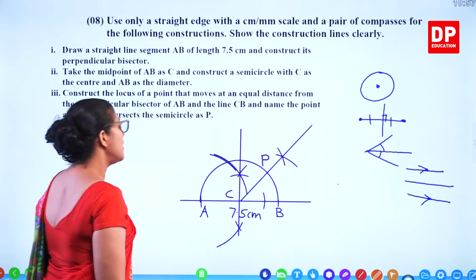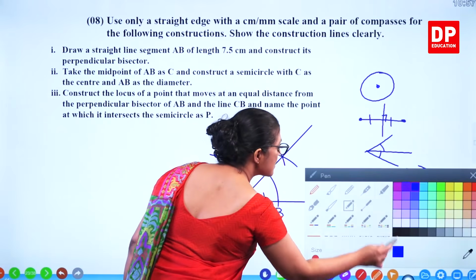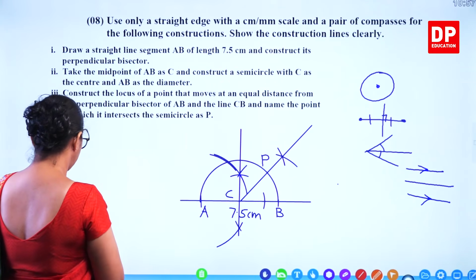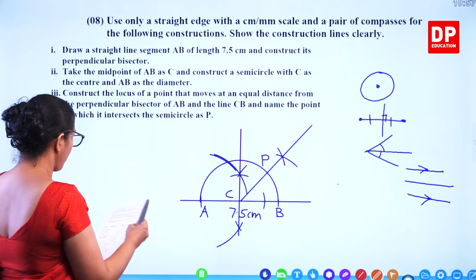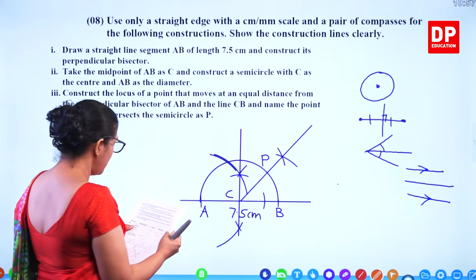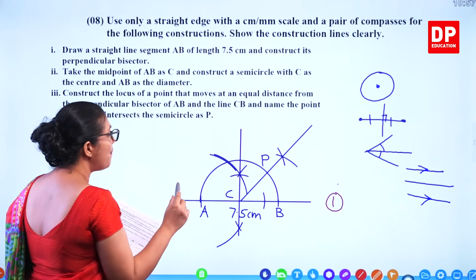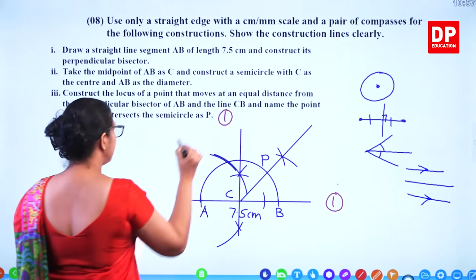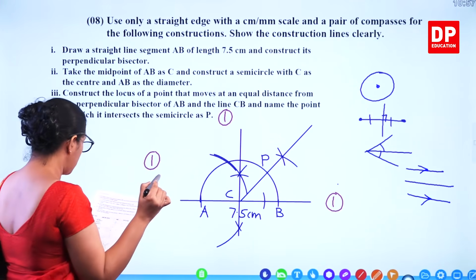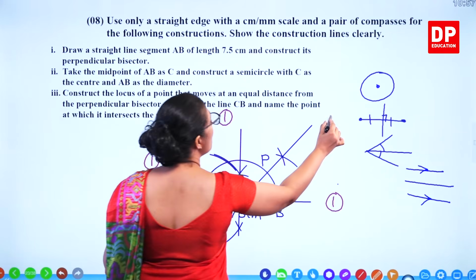So that's the first three parts. So we'll see how you get marks for these three steps. So you get AB line, 1 mark, and the perpendicular bisector, 1 mark, and the semicircle, 1 mark, and the angle bisector, 1 mark.